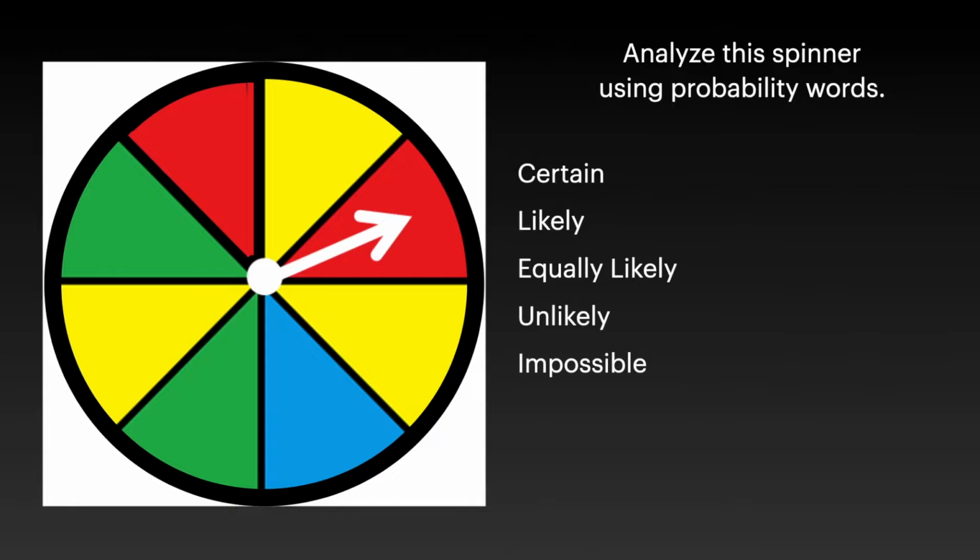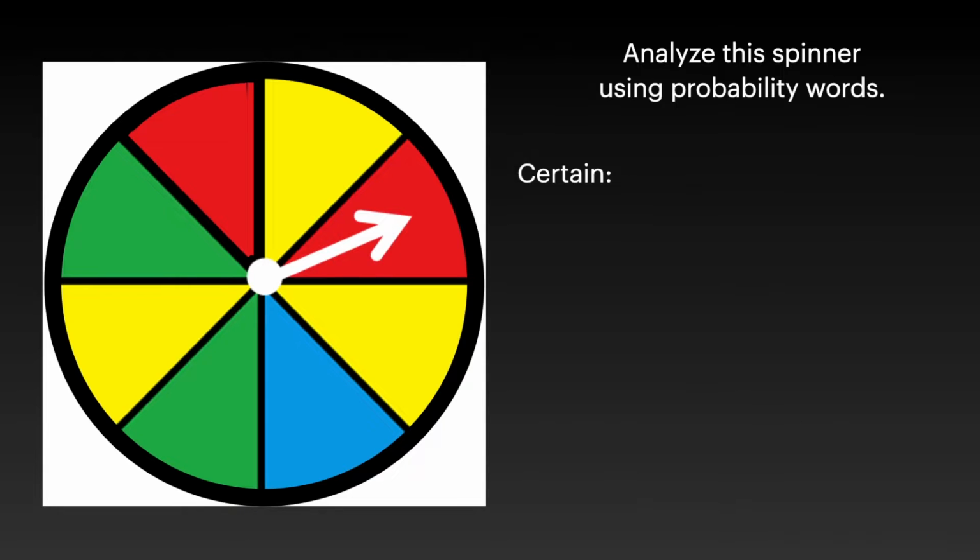Just to remind you of the probability words that we've talked about so far this unit, we will be using the words certain, likely, equally likely, unlikely, and impossible. Let's start with the word certain. Which color am I certain to land on?